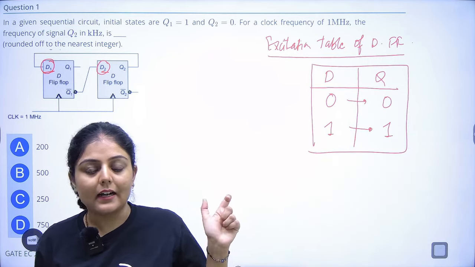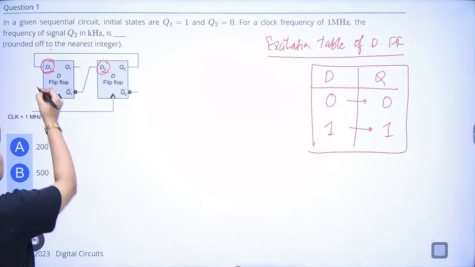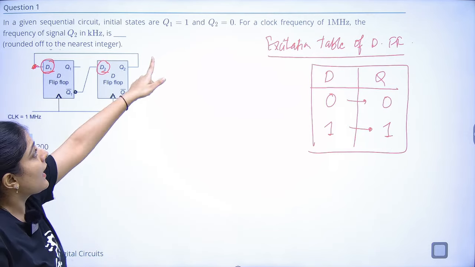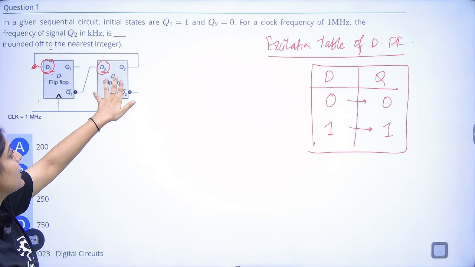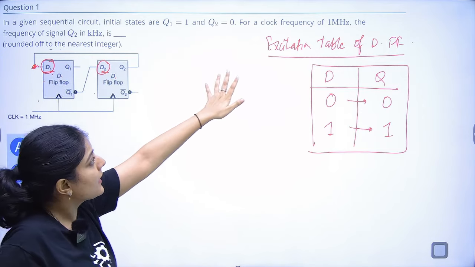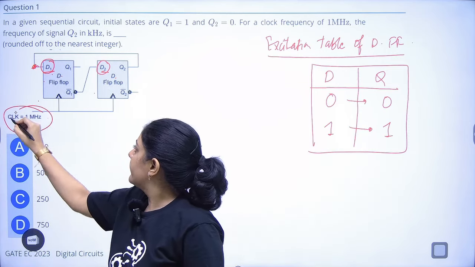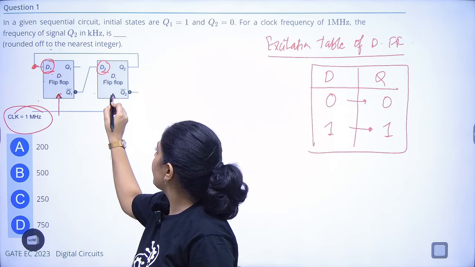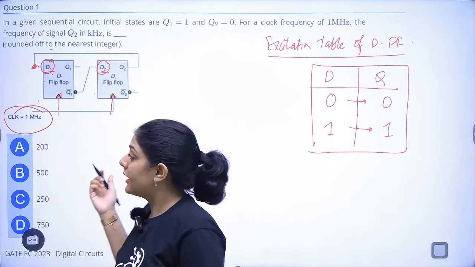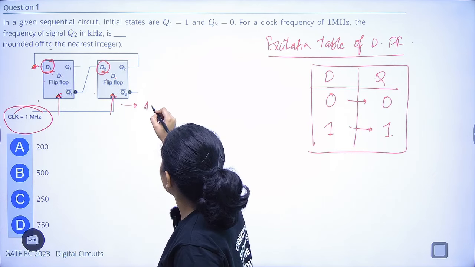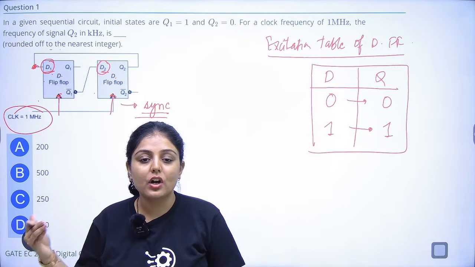Now they are saying that the previous state is fixed as 1 and 0, 1 for this flip-flop and 0 for this flip-flop. The clock is applied to both the flip-flops. If the same clock is applied to both flip-flops, that kind of sequential circuit is called synchronous, because they work in sync.